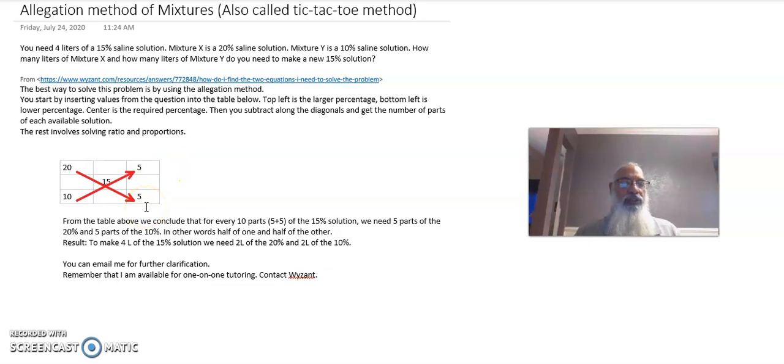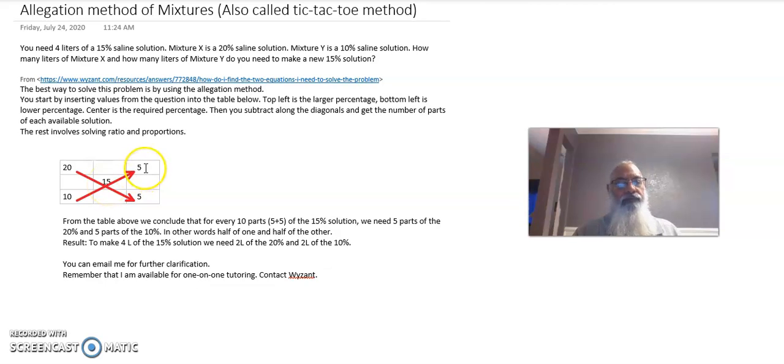All right, so what you do is you start off by putting the higher known percentage in the left-hand top cell, and then you put the lower known percentage in the bottom left cell. In the middle, right in the center, you place the percentage of the required solution. So in our situation, we have a 20% solution, we have a 10% solution, and we're trying to make a 15% solution. So those three we plug in there.